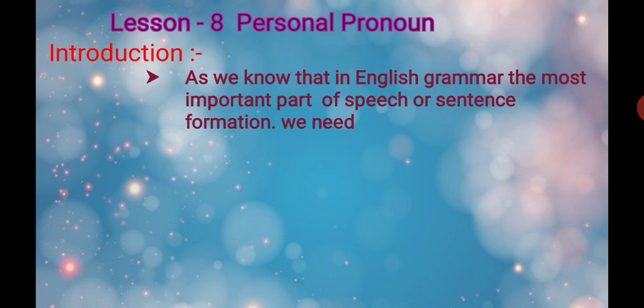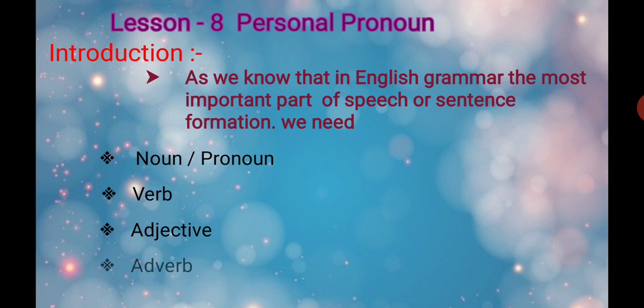As we know, English grammar is the most important part. In English grammar, for the formation of sentences, what do we need? We need noun and pronoun, verb, adjective and adverb.